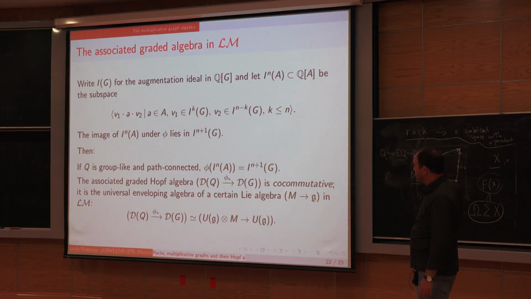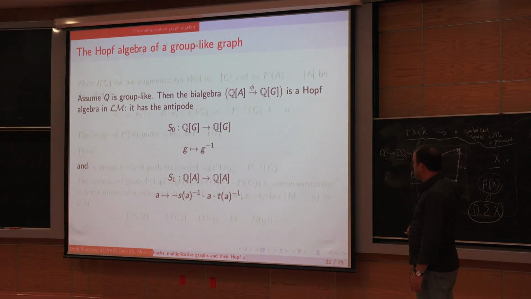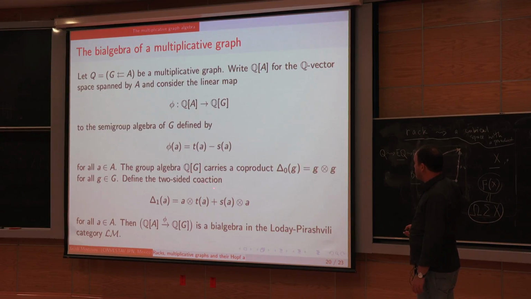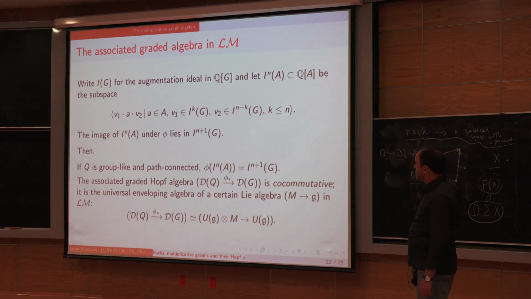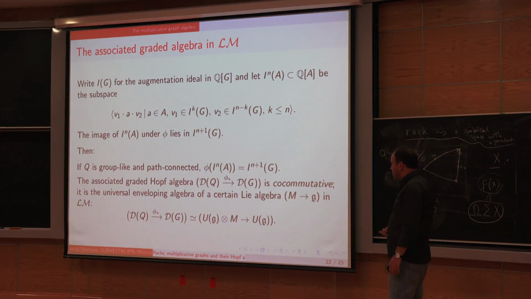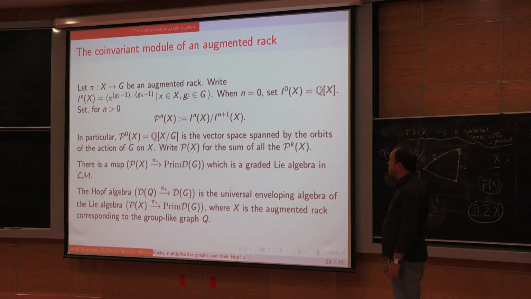other Hopf algebra, which is already going to be graded, unlike the one I mentioned before. The funny thing about this Hopf algebra is that it's not co-commutative. But if we go to the associated graded, it becomes co-commutative, and then there is the Milnor-Moore theorem, which means that it's a universal enveloping algebra of something, and this is what this something is.